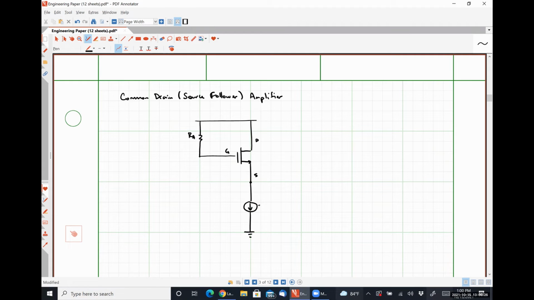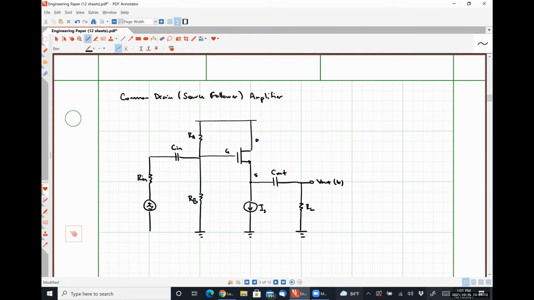I'm going to bias this guy with an ideal current source for now. This is our voltage VDD.